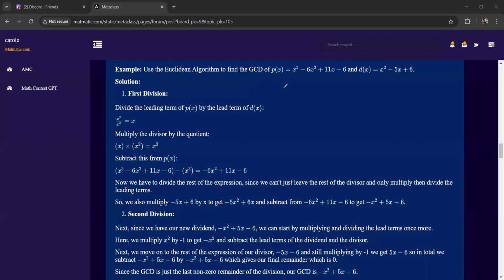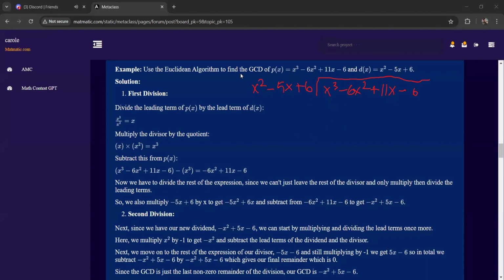So our divisor is x to the power of 2 minus 5x plus 6, and our dividend is x to the power of 3 minus 6x squared plus 11x minus 6. Okay, here we have our expression.